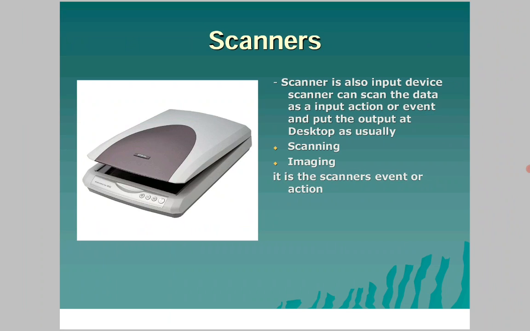It is also an electronic machine used to simply take the hard copy of the image or a picture or a document in the form of a computer file like JPG, JPEG, like that.